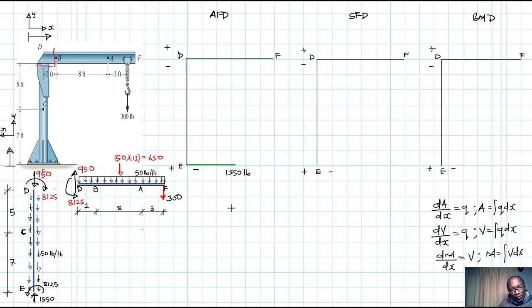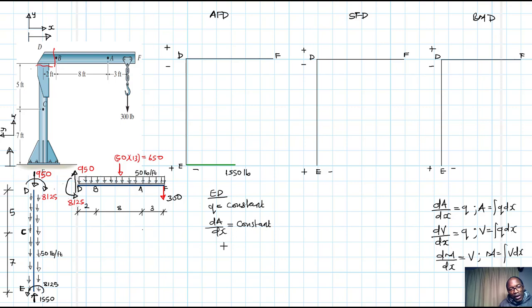We said from E to D, our q there is constant, and therefore our dA/dx, which is the slope of our axial force diagram, will also be constant.